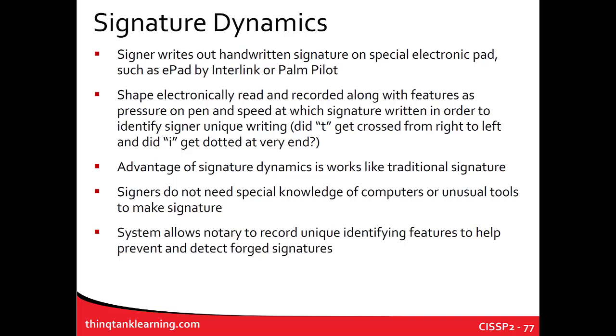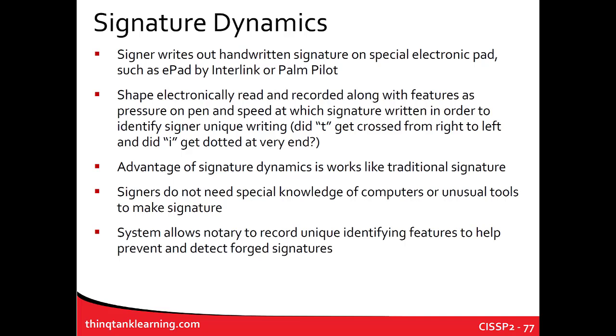It's pretty amazing when you think about it. You think, well, a signature is just a signature, right? But those dynamics create this behavioral biometric profile. This allows us to mimic traditional signing. We don't really have to have any technical knowledge. There's no specialized training, but it goes beyond a static image.